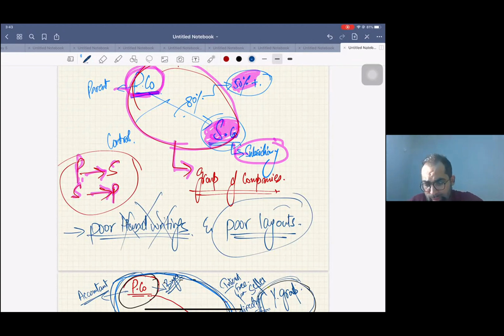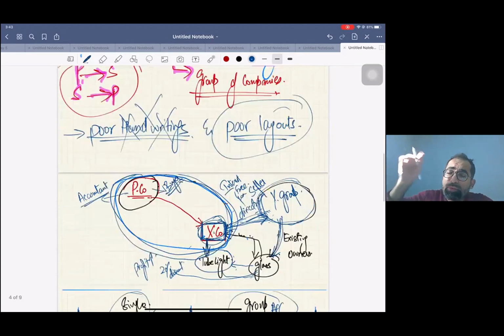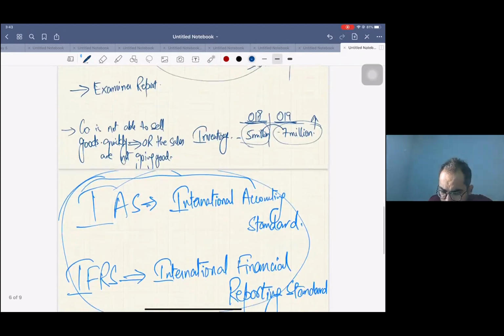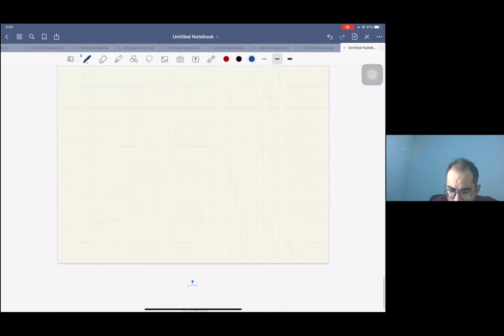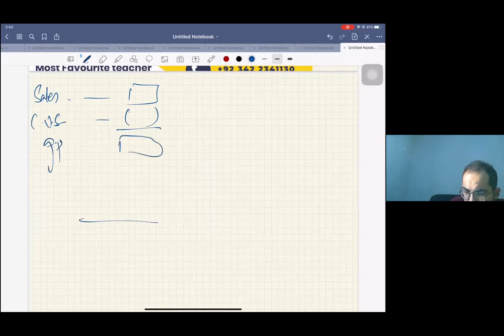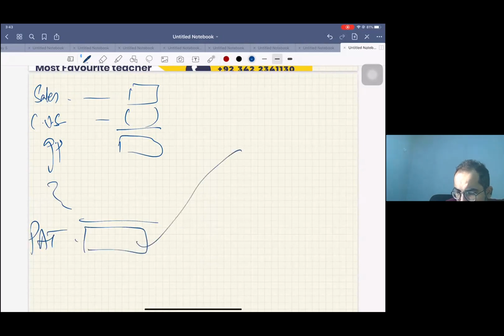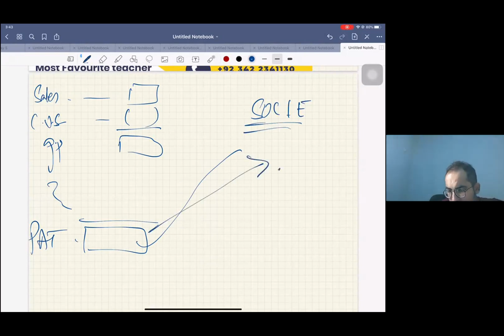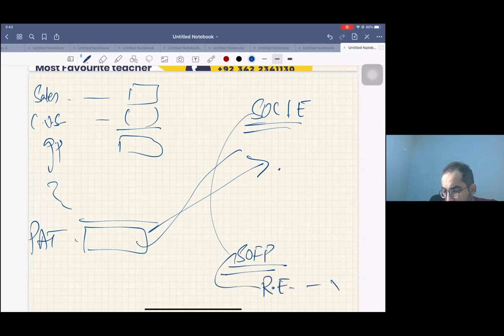One more thing, let me give you an example. When you used to do manual working, for example, this is your income statement: sales, cost of sales, GP, and so on, down to profit after tax. This profit after tax goes into the statement of changes in equity, and finally the closing retained earnings figure goes into the SOFP.